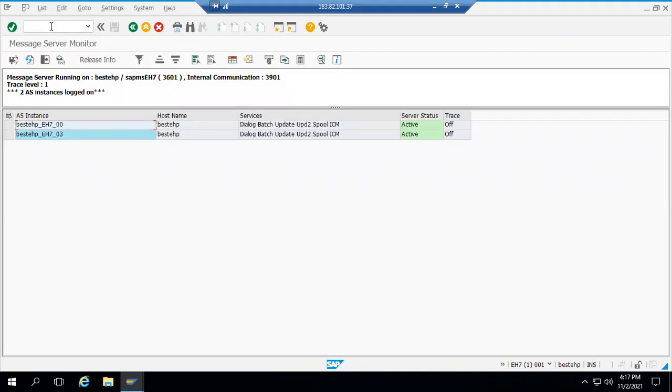Generally, the message server and NQ server have been split into ASCS. Yesterday I told you with the help of a slide.